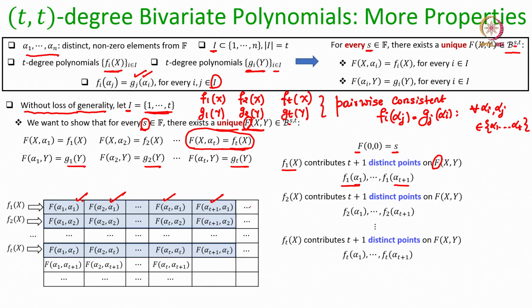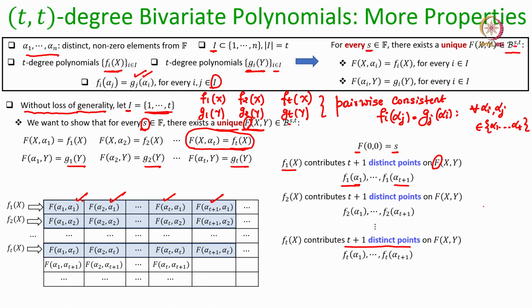And that tth univariate x polynomial, if you evaluate it at x equal to alpha 1, alpha 2, up to alpha sub t plus 1, basically gives you t plus 1 distinct points on that unknown bivariate polynomial. Why distinct? Because they will be different from all the points which you have fixed till now.